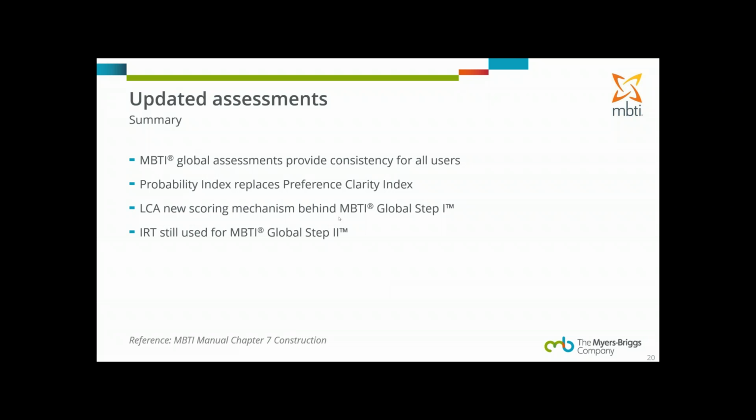The latent class approach is a better statistical approach for the MBTI Step 1. And the IRT that we still use for the global Step 2 creates a lot more consistency for those of you who are either learning Form Q or working on improving your skills there. The changes are a lot smaller on that particular assessment.